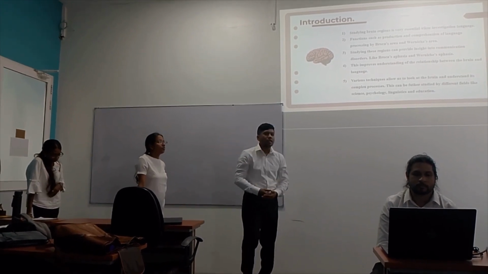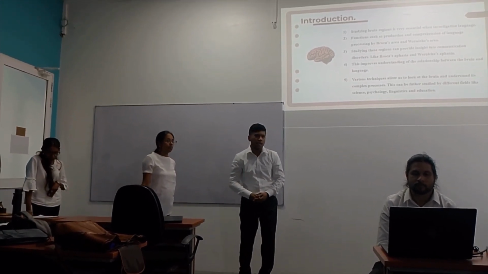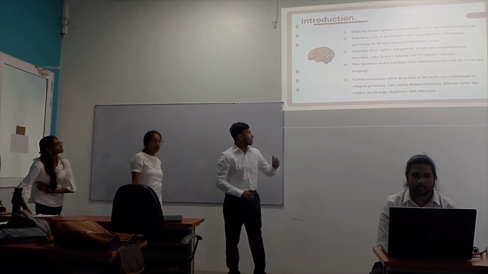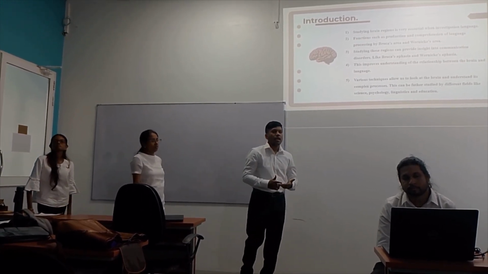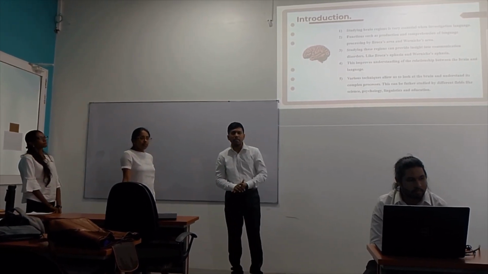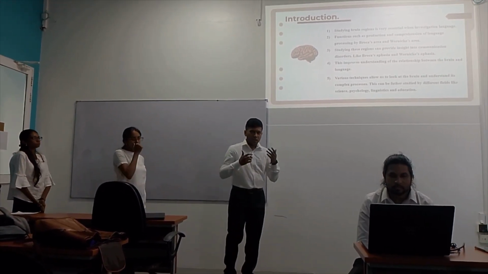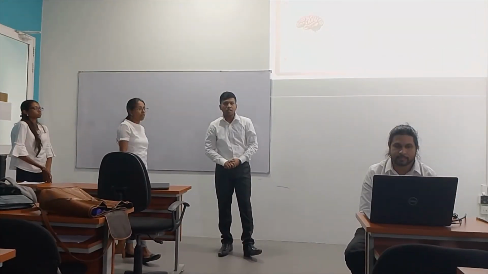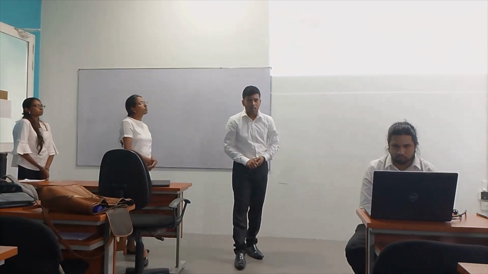We can understand the relationship between the brain and language, and various techniques allow us to look at the brain and understand its complex processes. This can be further studied by different fields like science, psychology, linguistics and education.